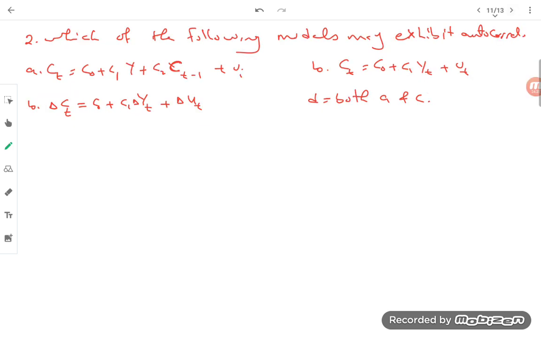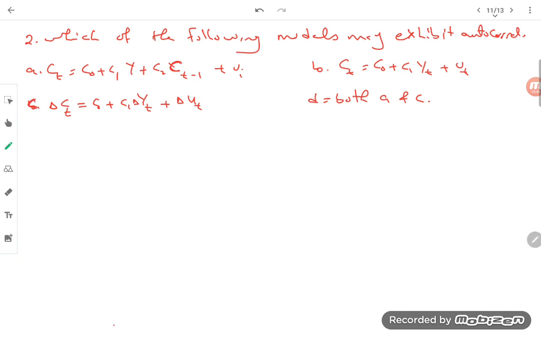Another question: which of the following models may exhibit autocorrelation? A, Ct equals C naught plus C1 y plus C2 Ct minus 1 plus U. B, Ct equals C naught plus C1 yt plus ut.